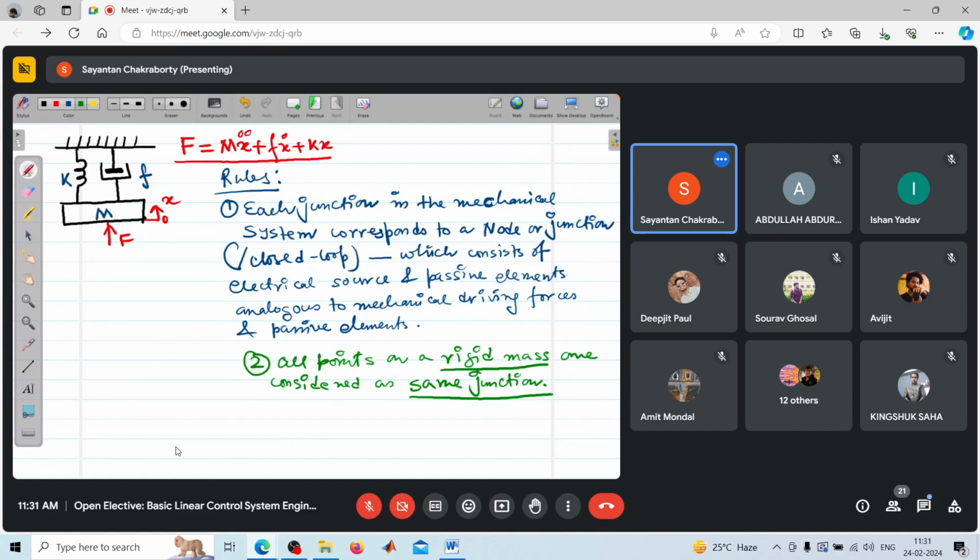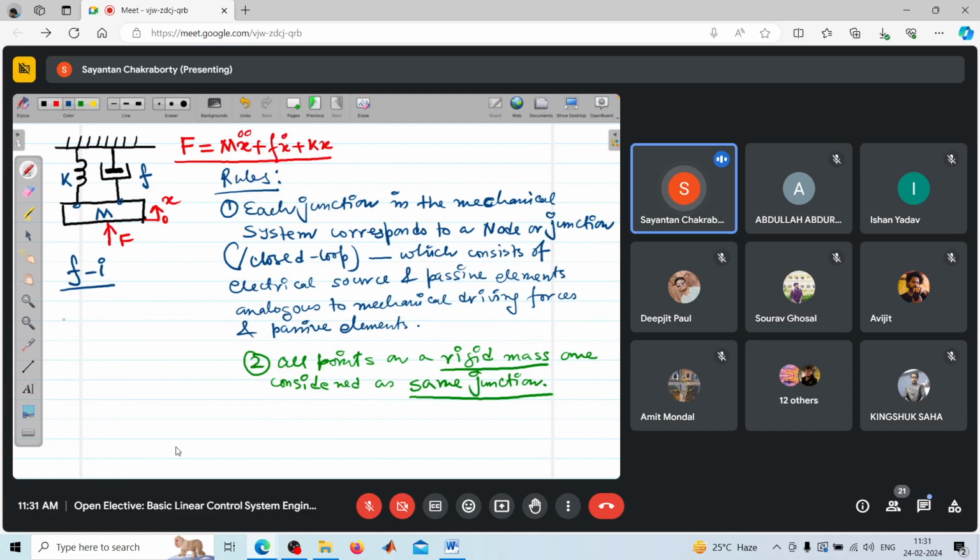So in this sense, if I draw the force current analogy, for each and every mechanical junction we'll get a loop. There are three junctions: one, two, and the point of mass over here.